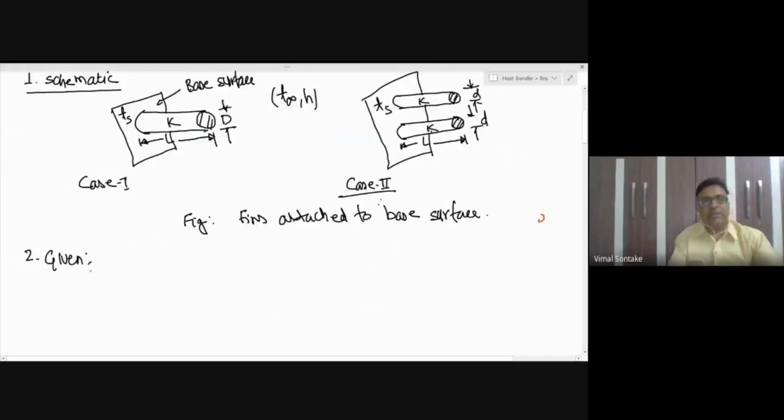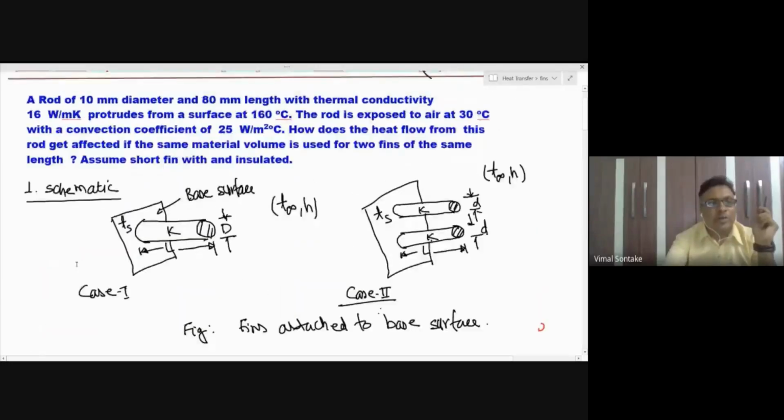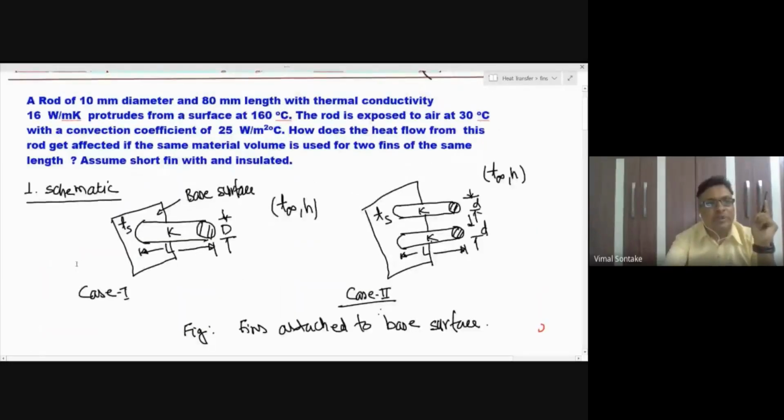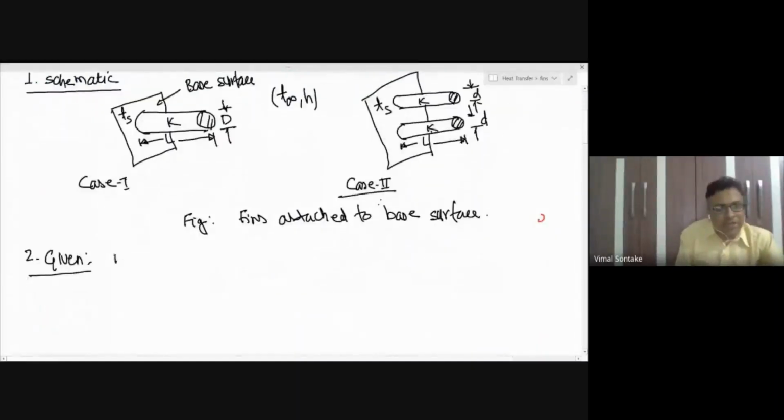Fin attached to the base surface. Depending upon your understanding, you can give title. After the schematic, let us list all the given things. So for case 1, diameter is 10 mm, length is 80 mm, thermal conductivity is 16, and base surface is 160. So capital D is 10 mm, that is 0.01 meter. Length is 0.08 meter.